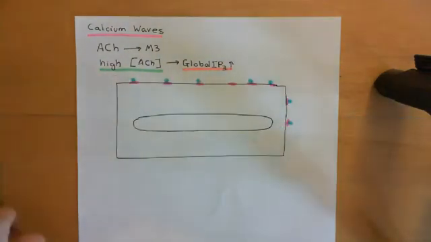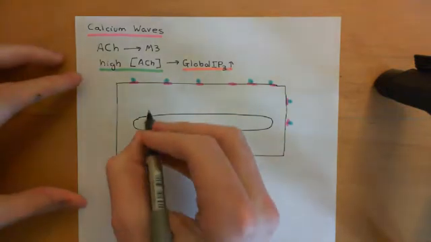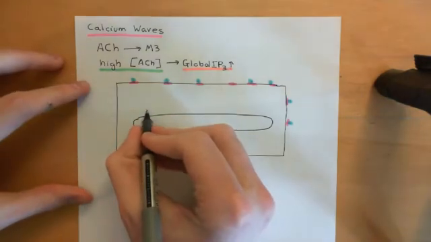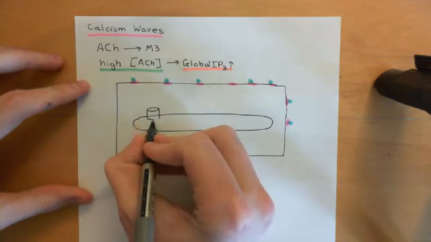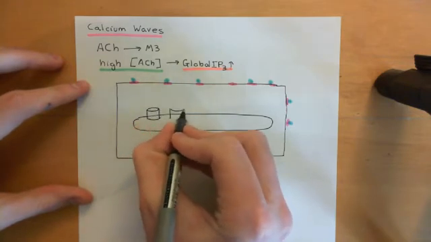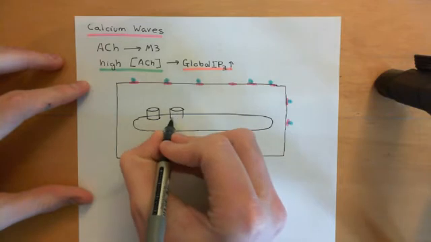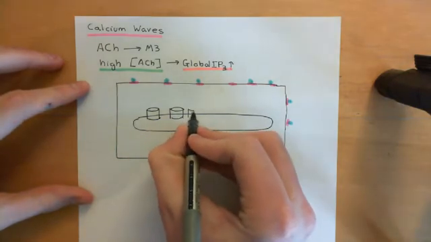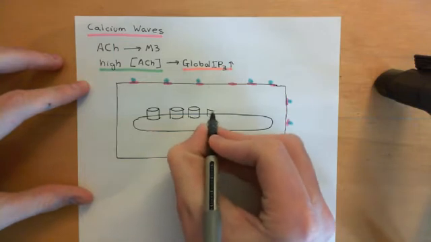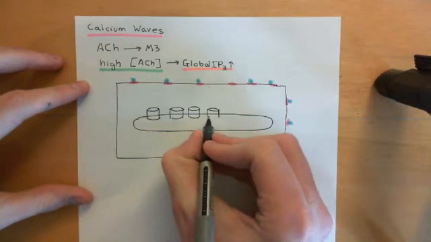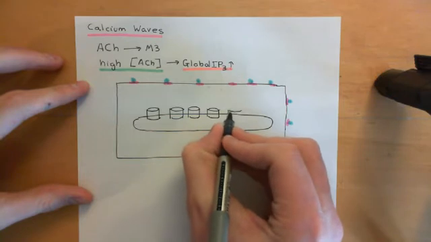Now what does that mean? That means basically that most of the IP3 receptors in the endoplasmic reticulum are now going to have IP3 bound to them. So let me now draw this here. Here are our IP3 receptors, and they're all going to have, let's say, 4 IP3 molecules bound to their 4 IP3 binding sites.